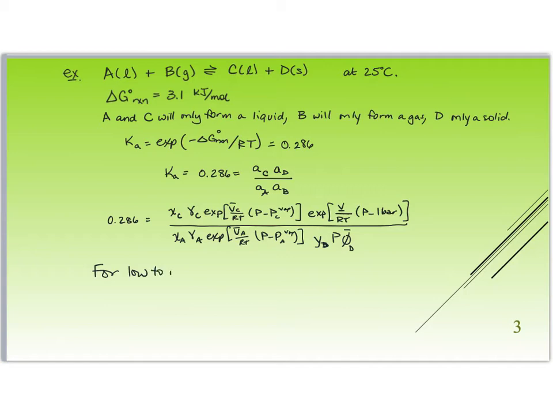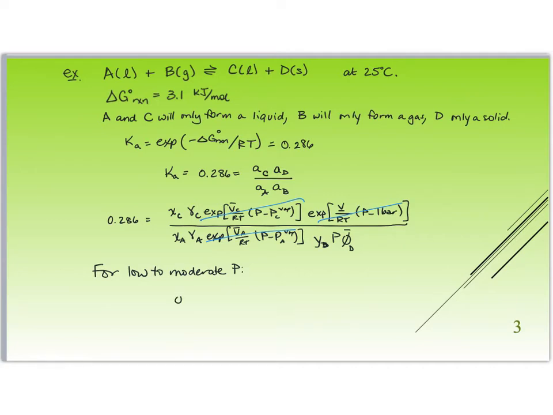We didn't specify the pressure, but if I make an assumption that the pressure is low to moderate, then these exponential groups can be eliminated as being very close to 1.